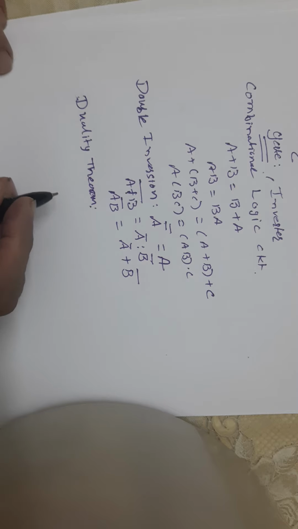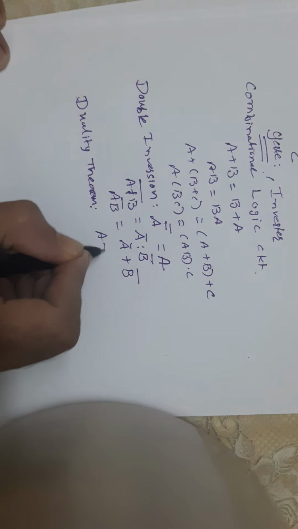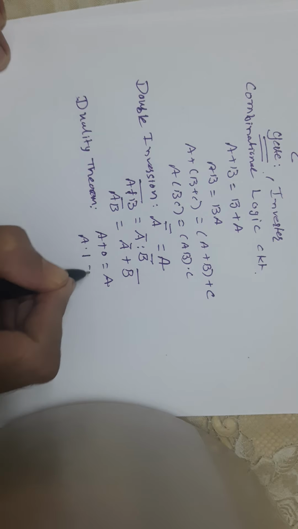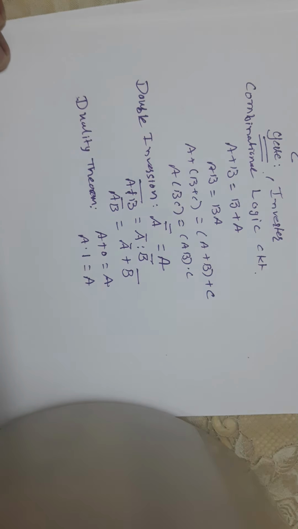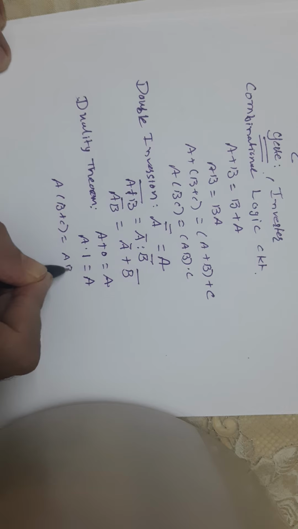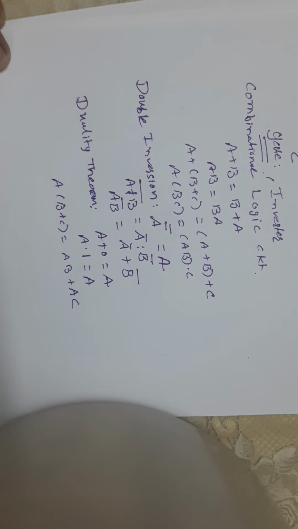That means A plus 0 is equal to A dot 1, which is equal to A. A into (B plus C) is equal to AB plus AC. We already discussed all this.